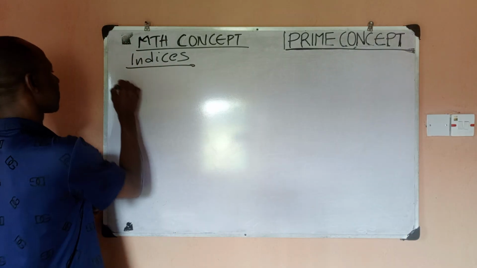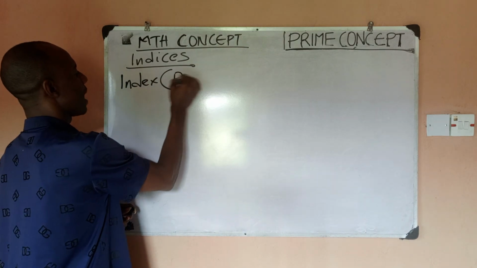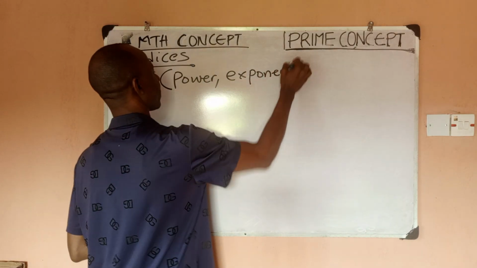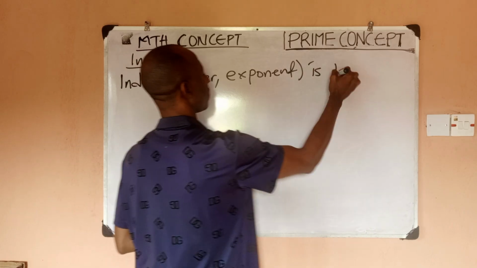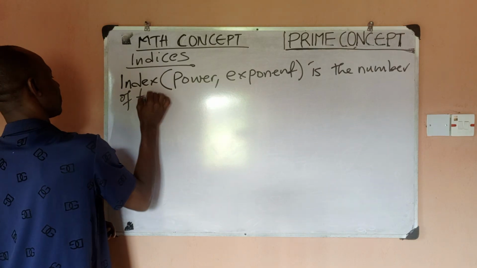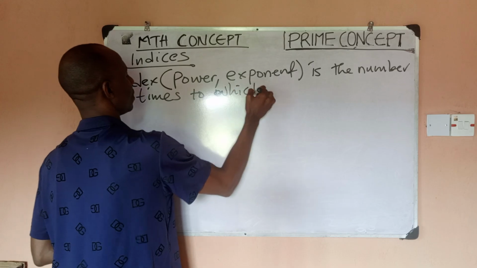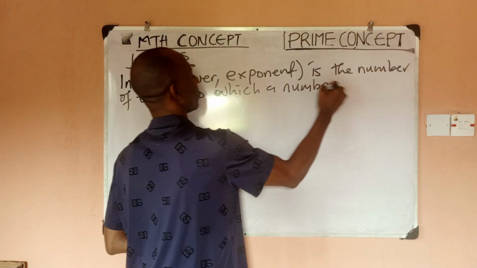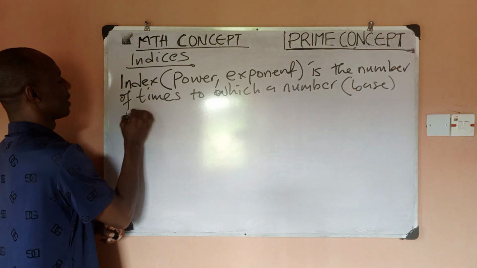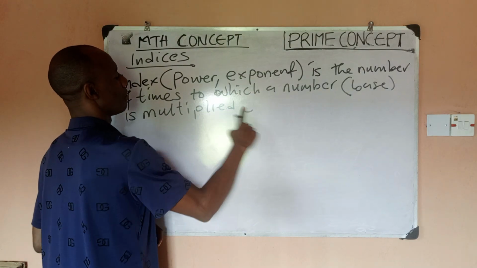Let me write it. In this index, which you can call power, you can also call exponent. So index is the number of times to which a number, and this number is usually called the base, is multiplied by itself.